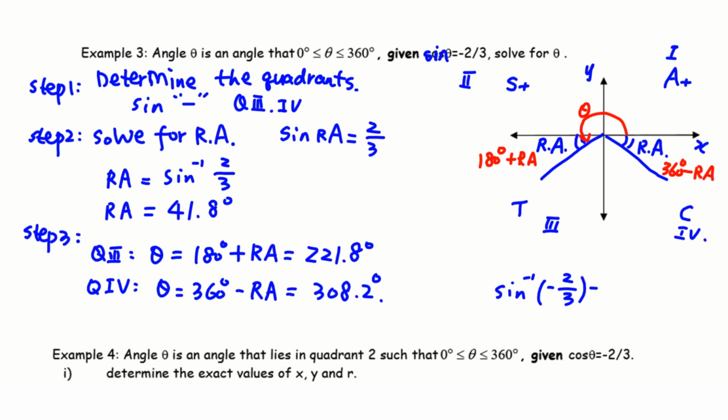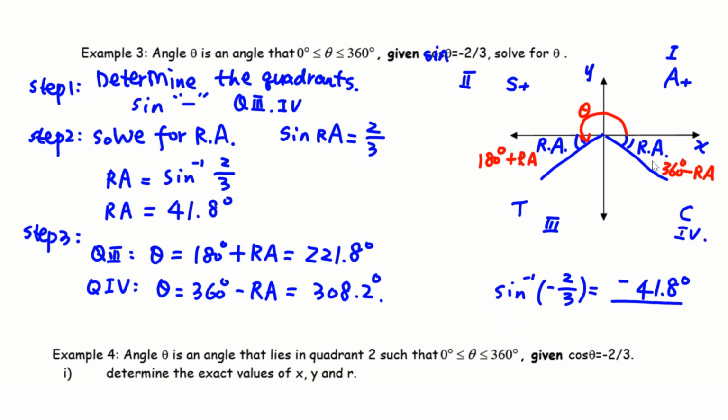may give you negative 41.8 degrees, which is not from 0 to 360 degrees. That is the reason that we want to find RA first.